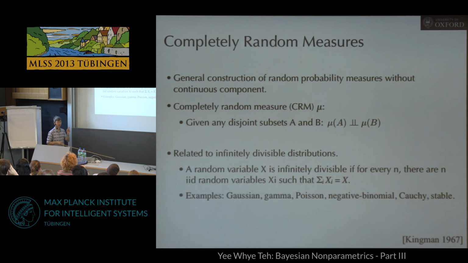For example, you can always express a Gaussian as a sum of two IID Gaussians, both with variance half of the original. Other infinitely divisible distributions you're probably familiar with are the gamma and the Poisson. You can always express a gamma as the sum of two gammas, a Poisson as the sum of two Poissons, and so forth.